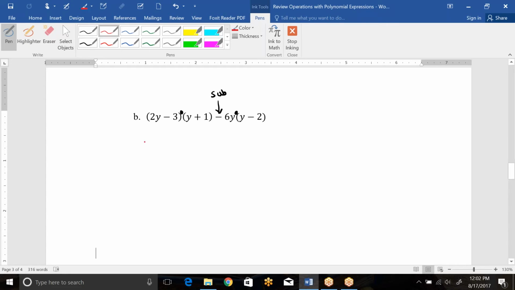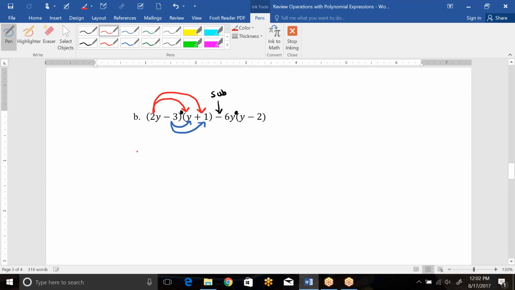So when you're multiplying two polynomials together, you want to make sure that you multiply everything that's in the first polynomial by everything in the second. So this 2y needs to be multiplied by y and by 1, and the negative 3 needs to be multiplied to the y and to the 1.